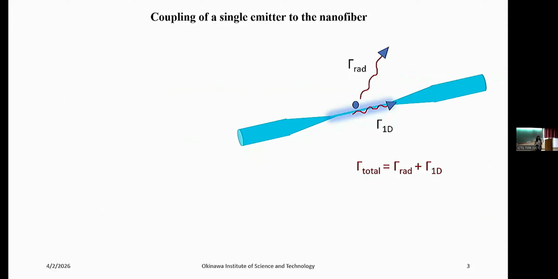Gamma total is the sum of both these channels. I want to note here that if an atom is in free space, it decays with the decay rate gamma 0, which is not equal to gamma total because of the modified optical states due to the Purcell effect.